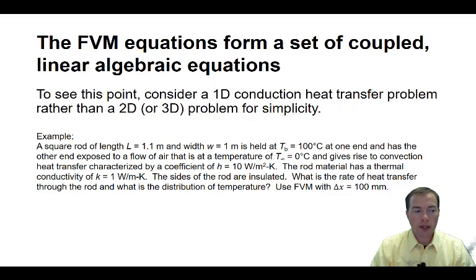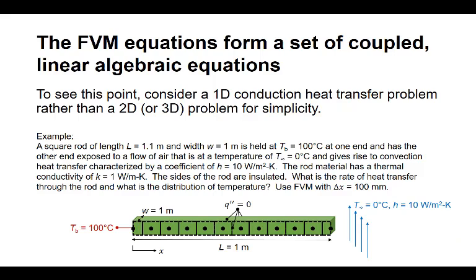The rod material has a thermal conductivity of 1 watt per meter Kelvin. The sides of the rod are insulated. What is the rate of heat transfer through the rod, and what is the distribution of temperature? Use a finite volume method with a node spacing of 100 millimeters.